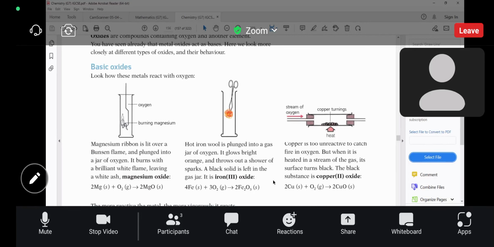We initially took magnesium. After that, they take iron. Again, hydrogen.